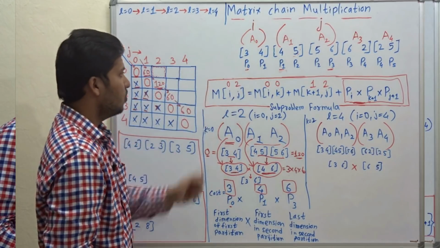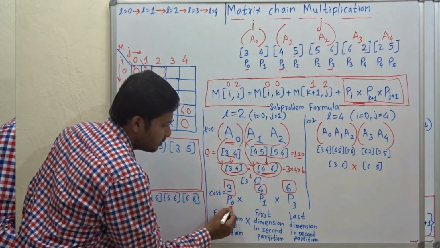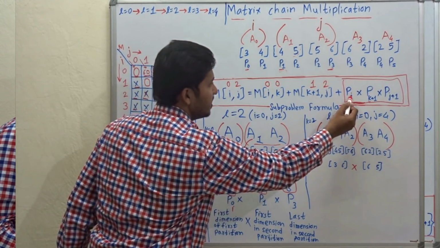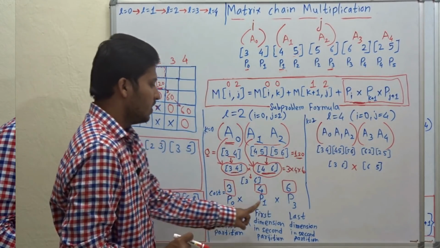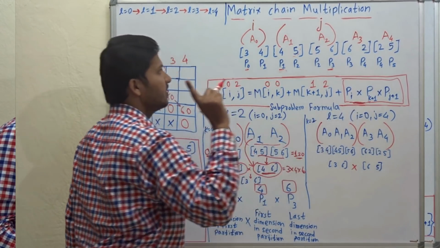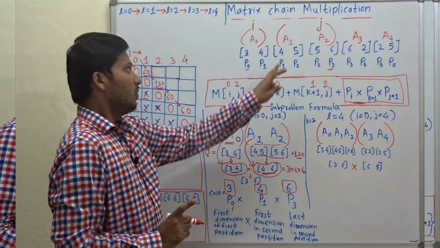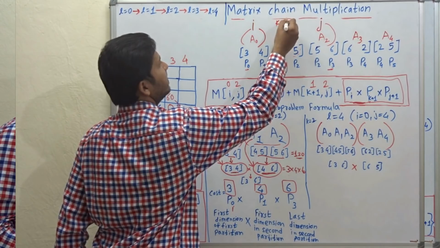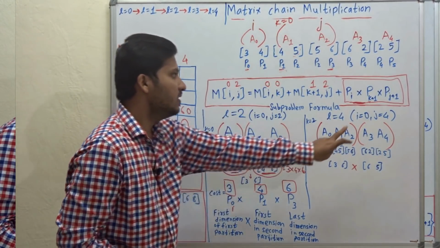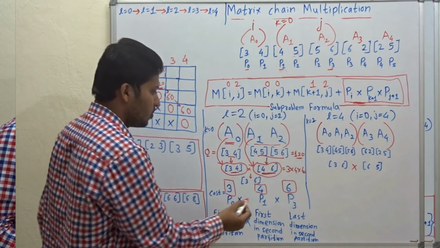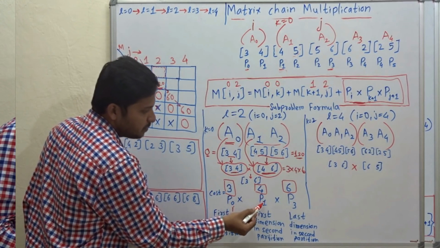So it is P0, which is Pi, written here. Now the second, P1, means Pk plus 1. See, what is k? k is 0, and Pk plus 1 is P1, so that is 4.